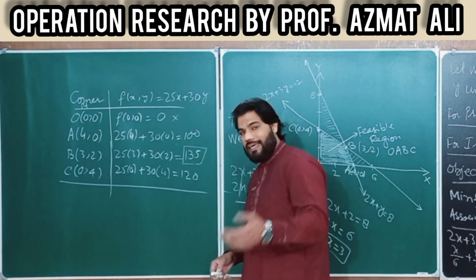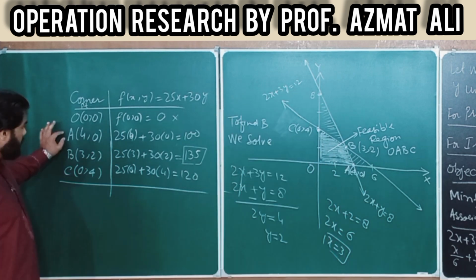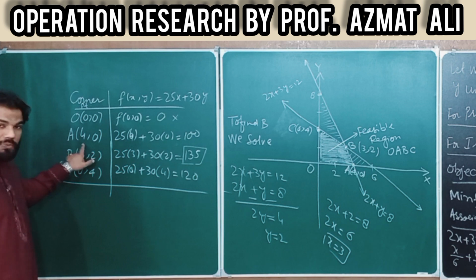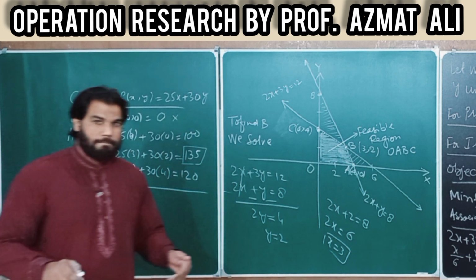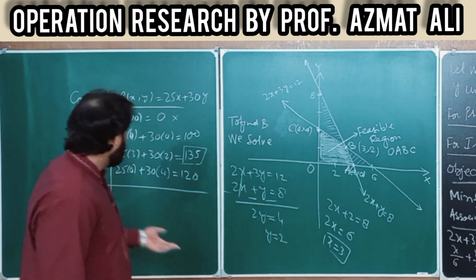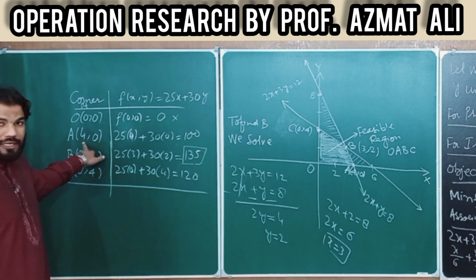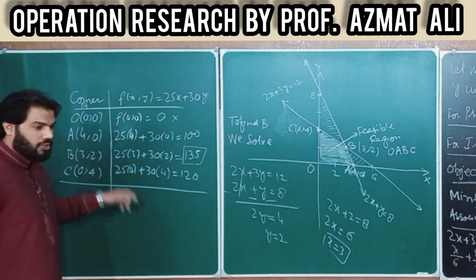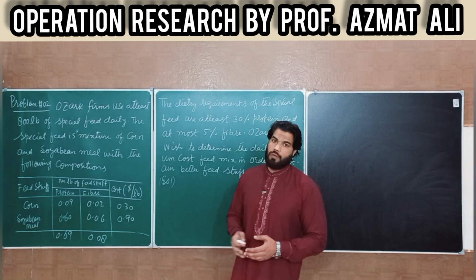Then in that case the minimum cost exists at the corner point 4, 0, that is the optimal solution for our linear programming model that minimizes our cost. In this case we will make 4 units of food x and none of food y. Okay, next we discuss problem number 2.